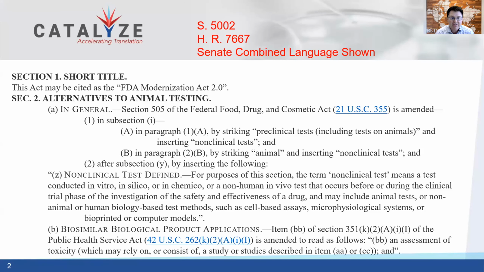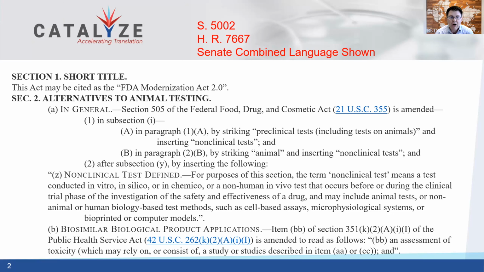So what you have is the old Section 505, the Food, Drug, and Cosmetic Act, which anyone who's done an NDA knows the 505(b)(1), (b)(2) pathways. The NDAs, BLAs go under a different law altogether. So what actually was changed?